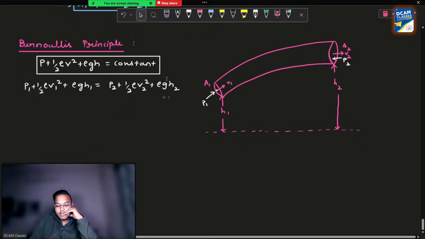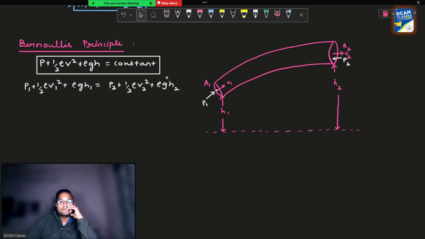Now, how do we get this one? Proof is, again, this much statement is okay for you if you talk about JEE Main, but for class 11 they may ask you the derivation. That's why I'm teaching you the derivation part also. Now the proof comes from the work energy theorem, or you can say the law of conservation of energy.